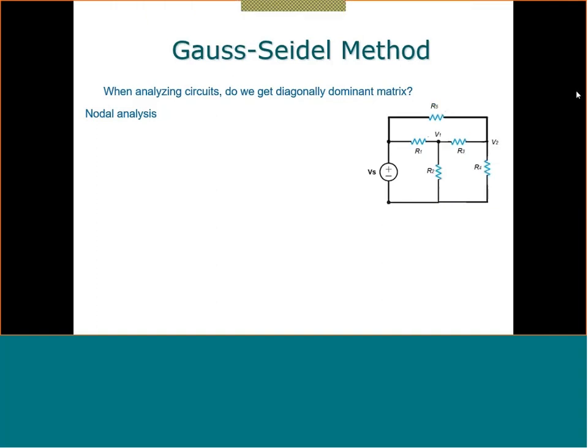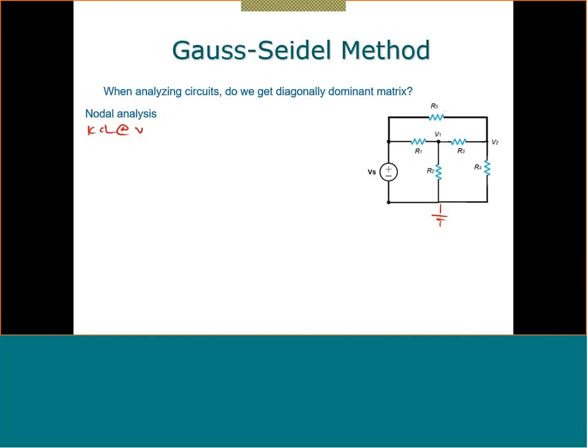Let's write the equations here for nodal. So let me apply nodal analysis. As we know, we have a reference. This node, I know the voltage is Vs, so I don't need to apply KCL here. So I apply it at V1 and V2, and this system will be 2 by 2. So let's apply KCL at V1, assuming currents are leaving the node.